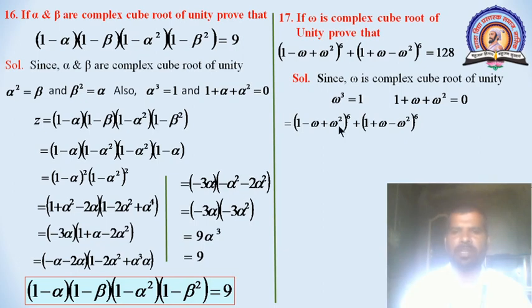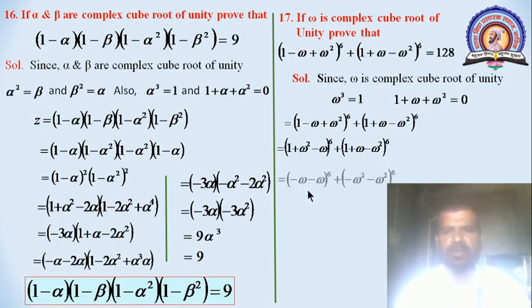We will keep together as 1 plus omega square and 1 plus omega, putting the value of 1 plus omega square as minus omega and 1 plus omega as minus omega square using this equation. Putting that value, 1 plus omega square as minus omega here, this minus omega keep as it is raised to 6. 1 plus omega is minus omega square, put that value here, minus omega square keep as it is raised to 6.